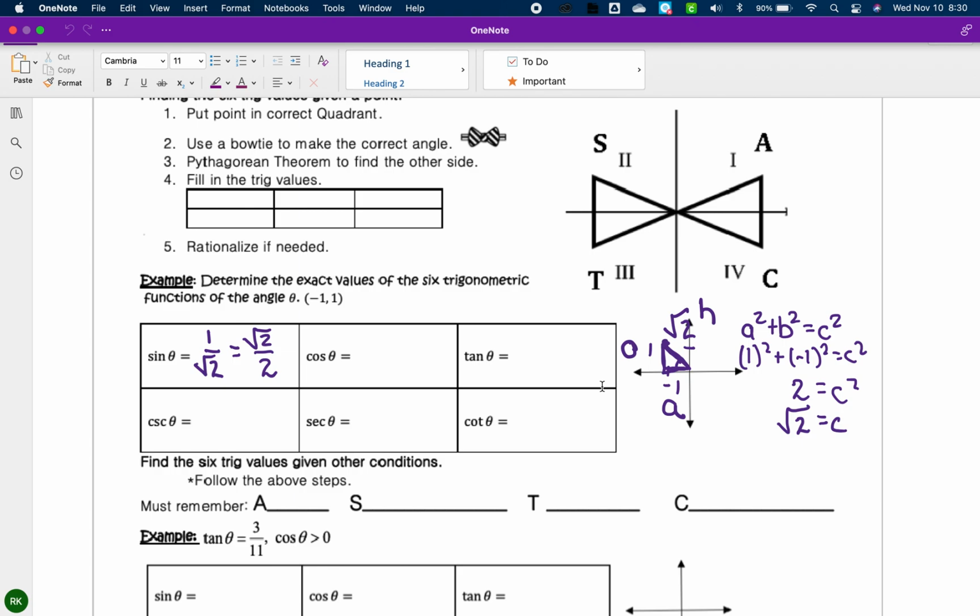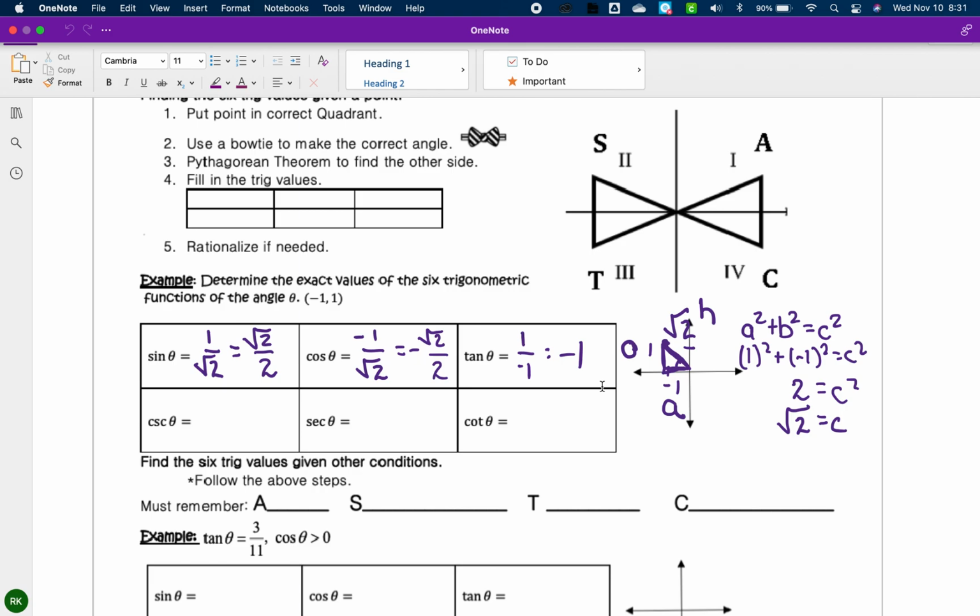Hit pause and try it now if you need to verify because you didn't see it automatically. For cosine, we're going to do adjacent over hypotenuse. So notice it's the same way other than the fact that it is negative. And then tangent is opposite over adjacent, so that's 1 over negative 1. So that is just negative 1.